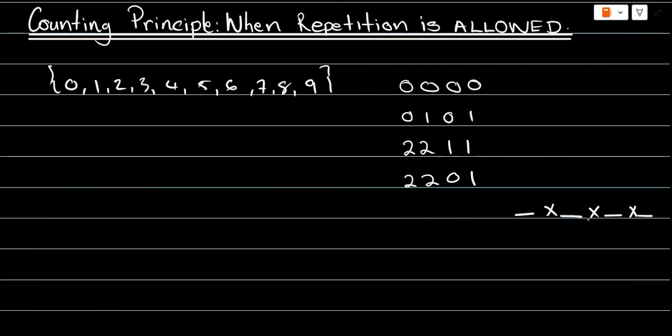All this multiplied together will give you the total number of ways you can perform the entire task, which here is creating this 4-digit code. So task 1 would be choosing the first digit of the code. Task 2 will be choosing the second digit, and so on.